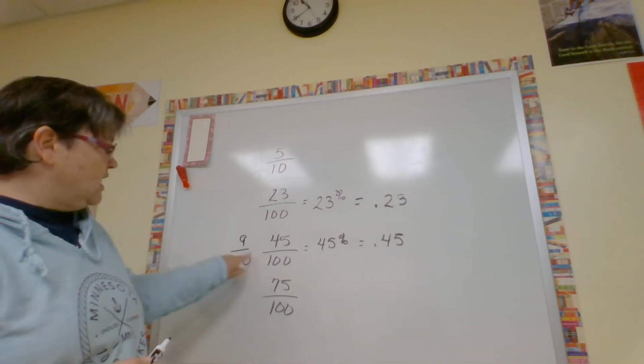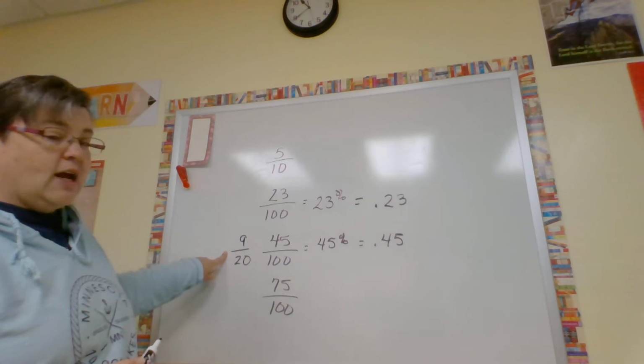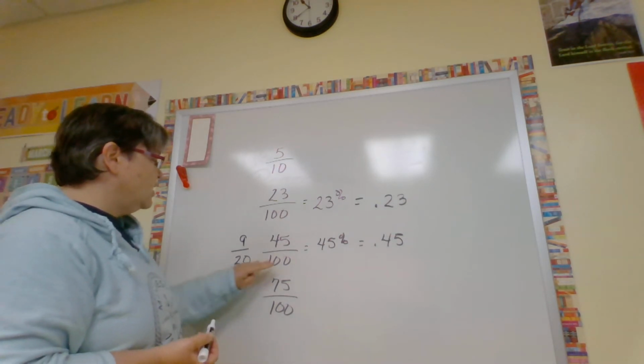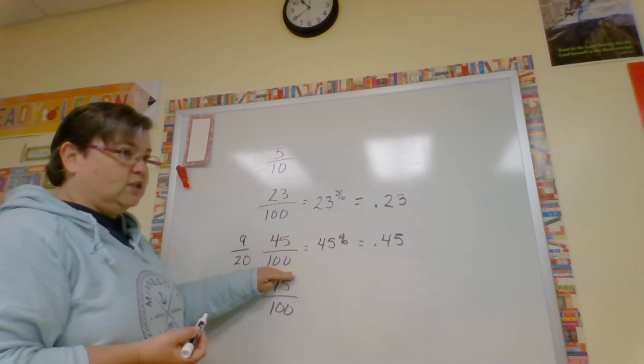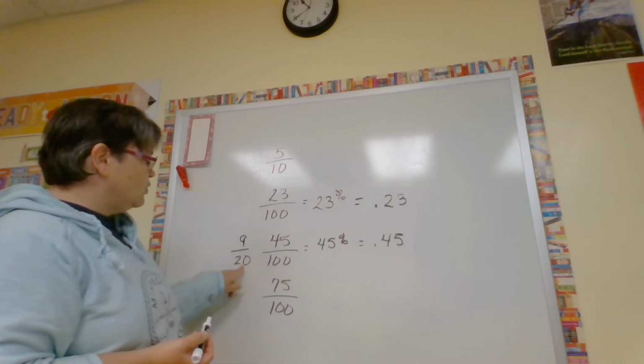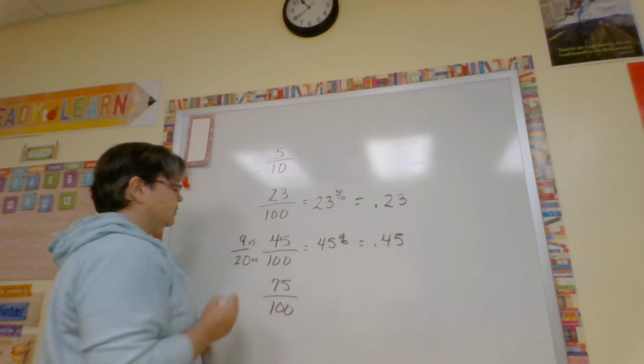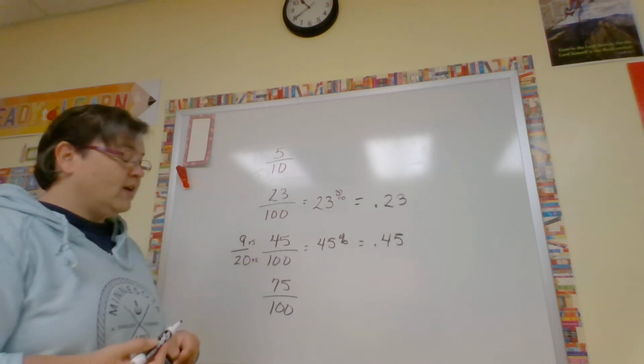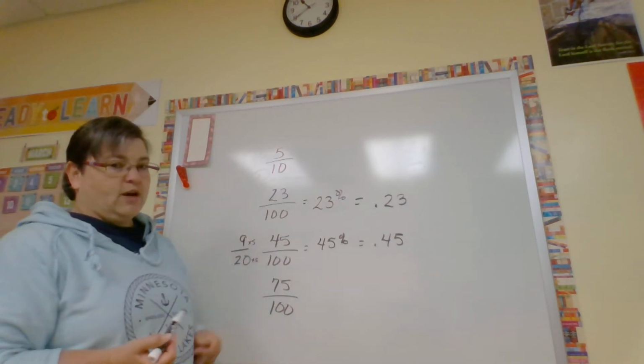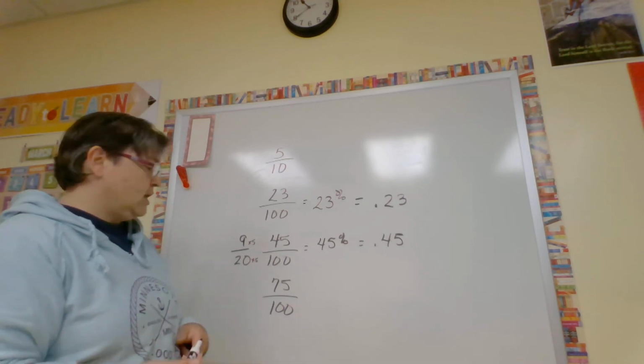So if you see 9/20ths, you can turn it into a percentage by saying how many times will 20 go into 100 and multiplying the top and the bottom by 5, getting 45 over 100. That's how we make percentages when we need a percentage.